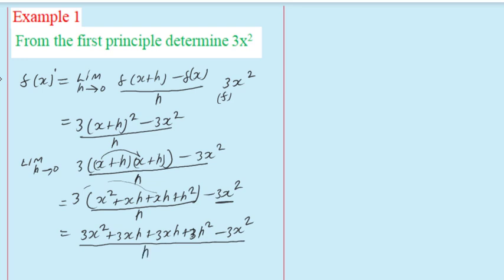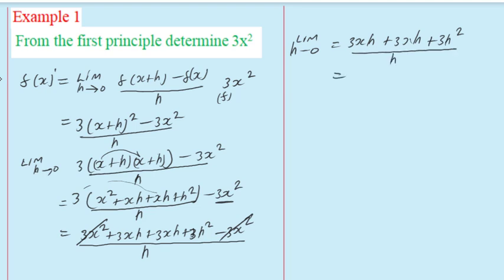So 3x squared minus 3x squared, this one will give us 0, therefore we cancel this one. And h, as h is limited to 0, we have 3xh plus 3xh plus 3h squared, everything divided by h.